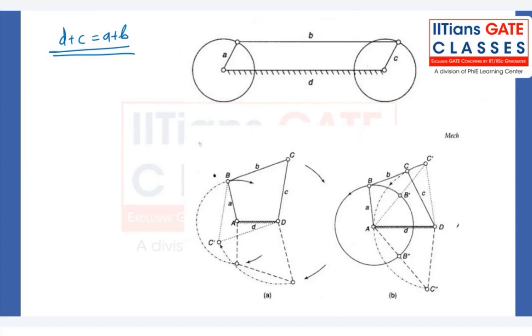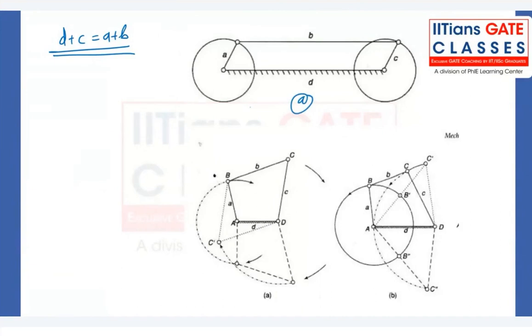Okay, so let's take an example here. It's a parallel crank 4-bar linkage, in figure number A. Imagine a mechanism in a coupled wheel of a locomotive, where two wheels are coupled together like this, and the links A and C will have a complete rotation, right?